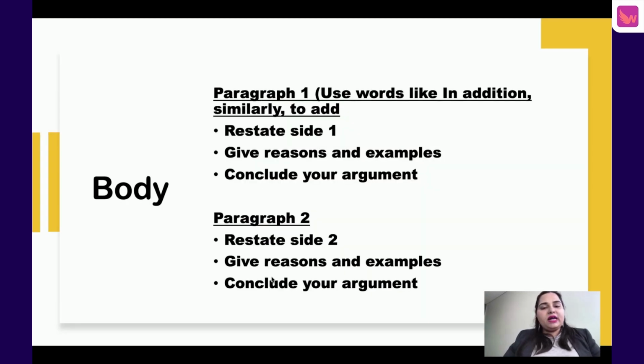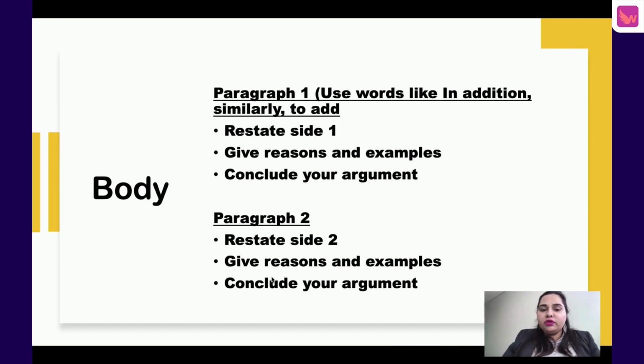Then for body paragraphs, you should write 4 sentences. You can say, in addition, similarly. So you can restate side 1, like there are many advantages kind of thing. Then you have to give some reasons why there are advantages or what the advantages are. Then you have to give some examples for that, and you can conclude your statement. That is optional.